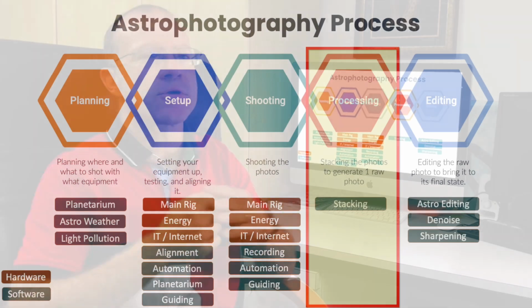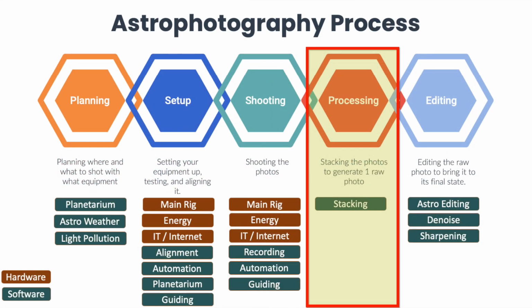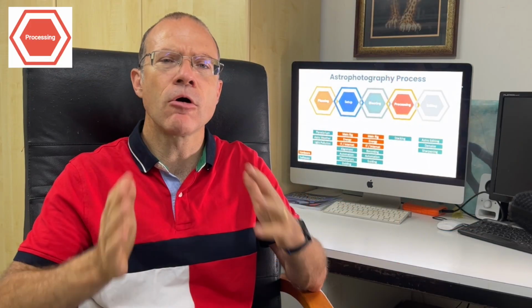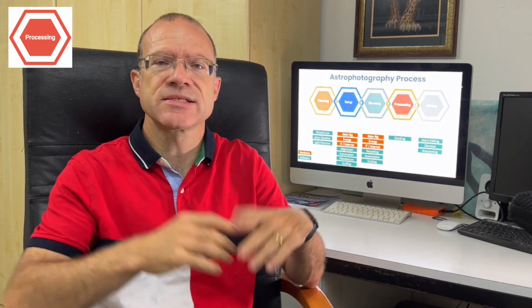So at the end of the night, what we end up with is not one nice picture, but gigabytes of data, which now first have to be processed, and that we do the next morning in the processing step. And processing means we feed all these exposures of the objects we took, plus these flat, bias, dark flats, all these files into one specialized software.